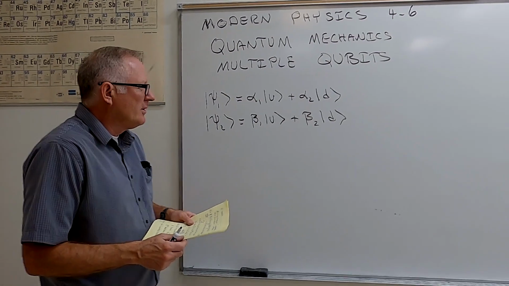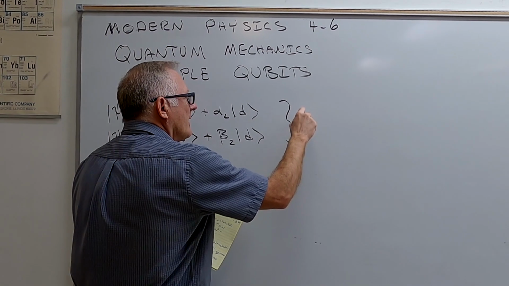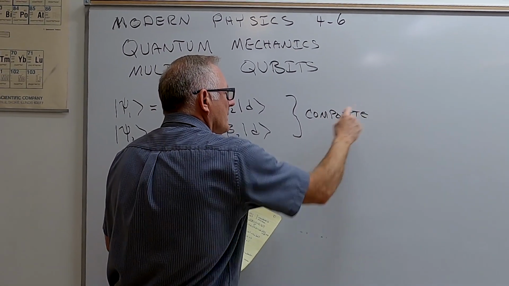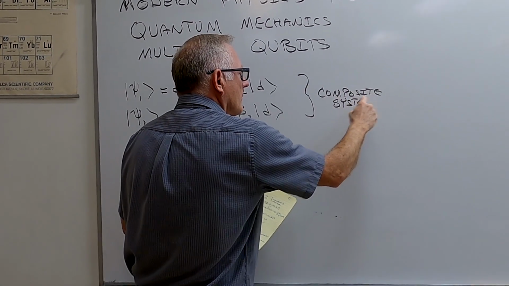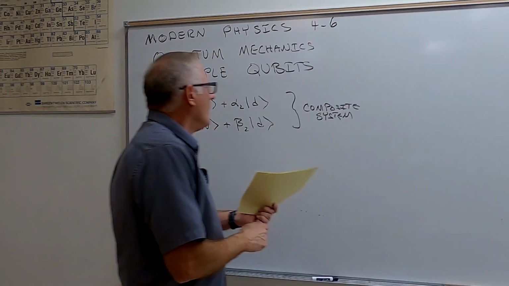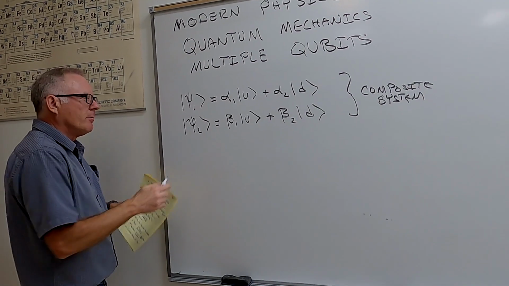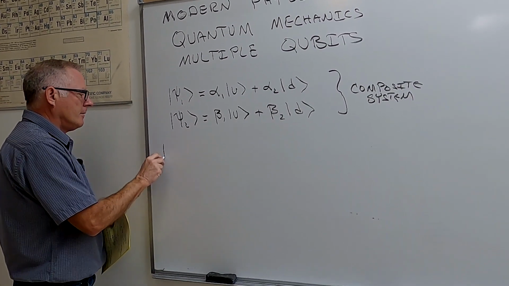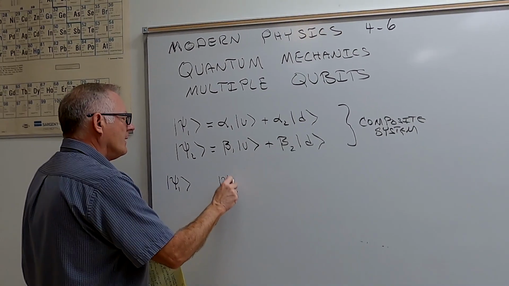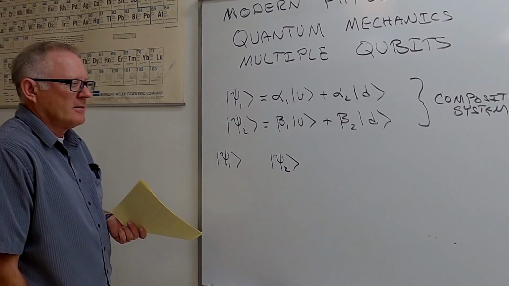When we combine the two together, they become a composite system. So how do we combine the two right here? Well, we multiply them together, so we get psi 1 and psi 2. Now, we multiplied vectors in classical mechanics.